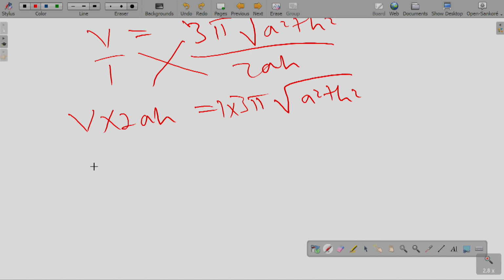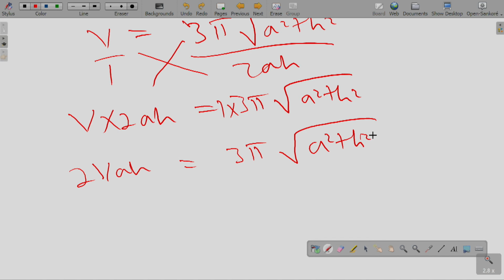Here I get 2vah is equal to 3 pi square root of a square plus h square. So here I have h, so I should square both sides to get this term.